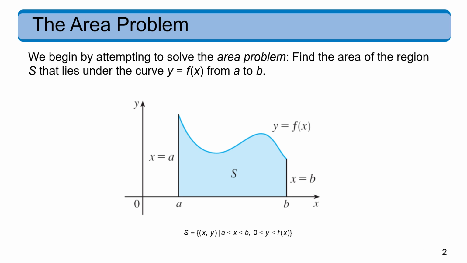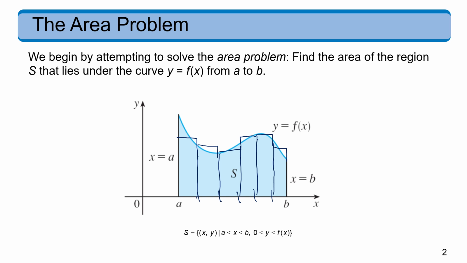The basic idea is we will subdivide this interval between a and b into some number of subintervals. And then at each one of these, we'll make the sides of our new rectangles. And then with each rectangle, we'll have to decide exactly where to put the top, right? We'll discuss that as we get into the details. But basically, you want your rectangles to fit pretty closely with the top of the region.